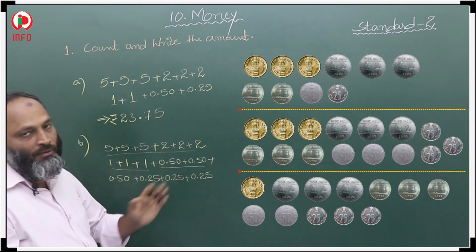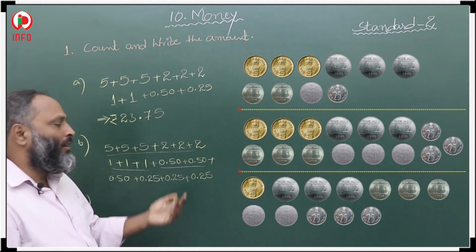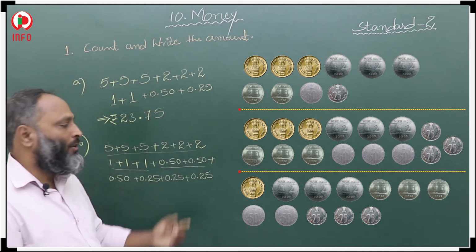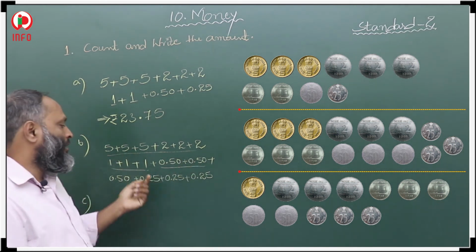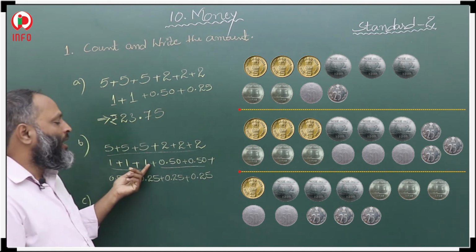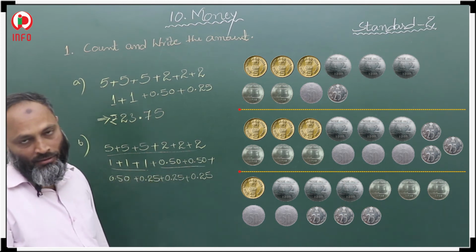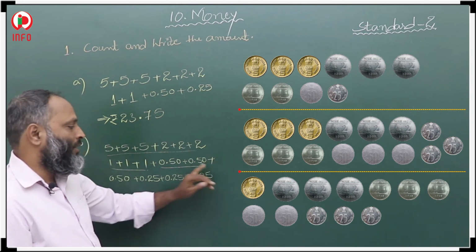So this paisa we have to convert into rupees. How? 100 paisa makes 1 rupee. Already till here we have 24 rupees; 24 plus 1, 25 rupees.